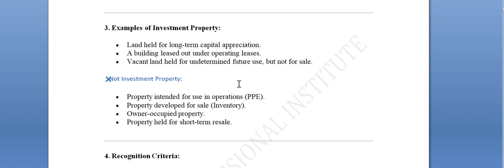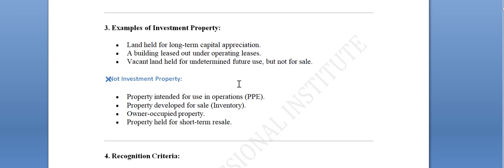Thank you. So now, examples of investment property include land or building. And I've mentioned that, so let's not bother ourselves about that. Now, what is not an investment property? I told us when I was giving the definition that the intention matters a lot. Why are you holding the property?